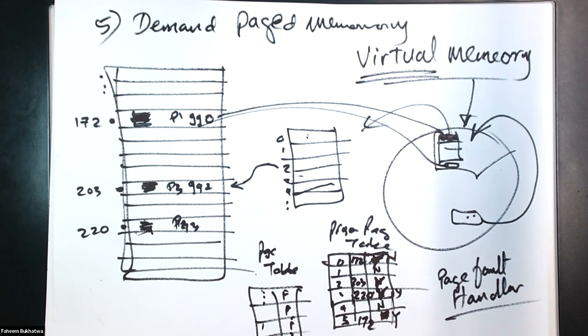So this is the first time in the history of computing that we can run programs that are larger than main memory. We couldn't do it in the past. This is the first time we started using virtual memory. And that's really the main advantage.